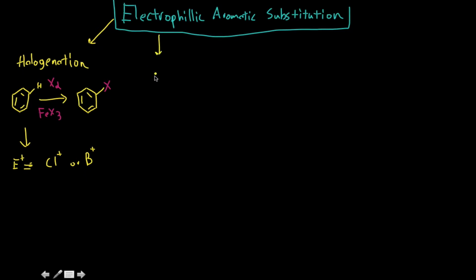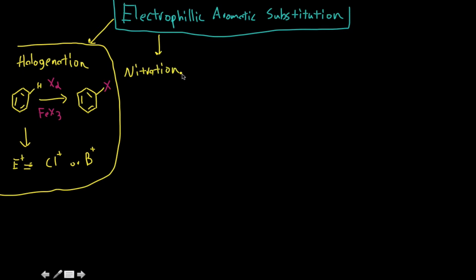The next reaction that I wanted to talk about, I'll go ahead and circle this halogenation reaction, is nitration. A nitration reaction. So just like the previous one, I start off with a benzene group. I do some type of a reaction, and I'm going to have a nitro group attached to it.